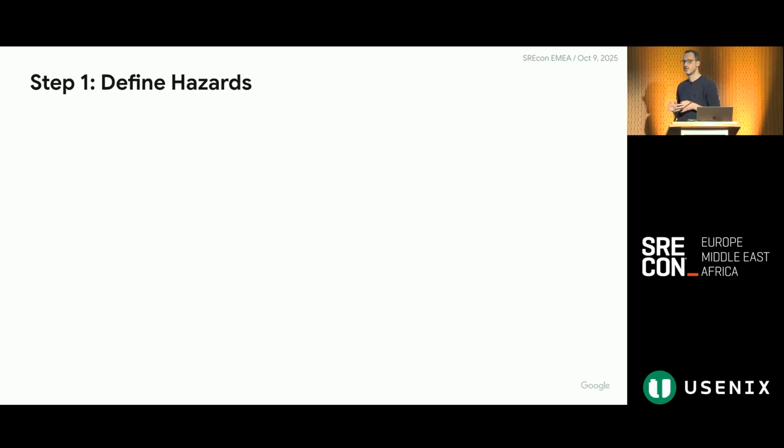But we are not done with step 1 yet. The other thing to do in step 1 is to define the hazards. STPA is a hazard analysis technique. That's a bit of a mouthful, but all it means is that we systematically look for all the things that could cause any of the losses that we just identified.